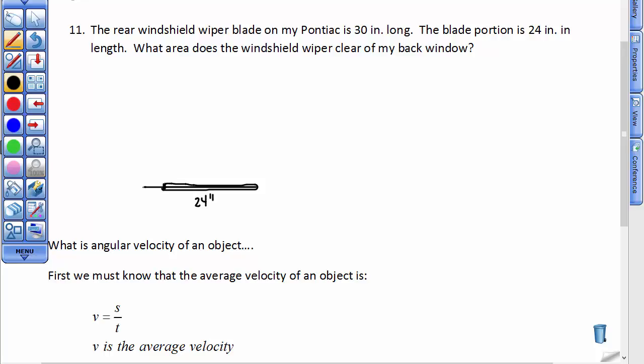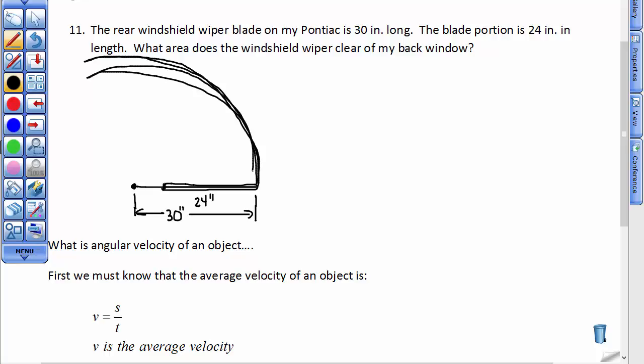And I'm going to extend this a little bit because the overall length of the windshield wiper blade is 30 inches. And what I want to calculate is the area of the windshield that blade will clear as a result of its rotating back and forth, back and forth.